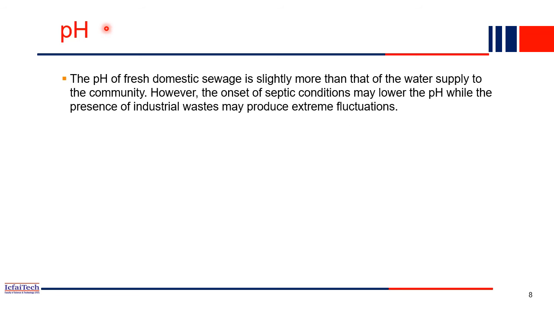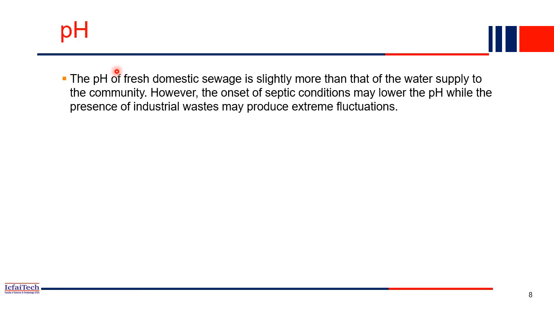Now the next characteristic of wastewater is the pH. The pH of fresh domestic wastewater is slightly more than the water supply, whatever we supplied during the water supply phase. So in the wastewater, the pH will be slightly more. Why? Again, this depends.